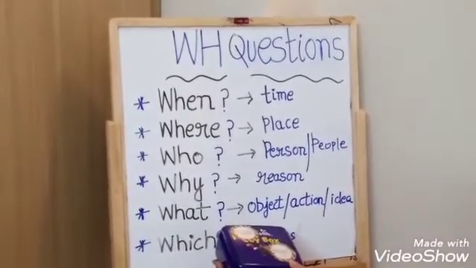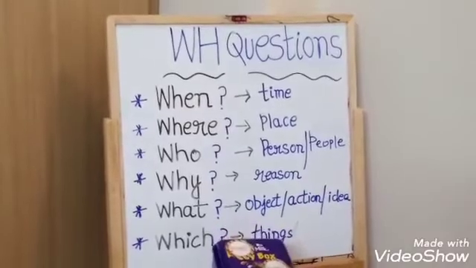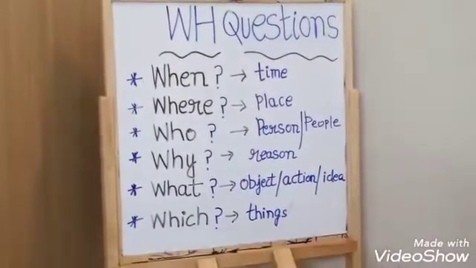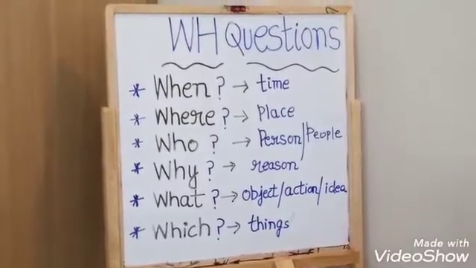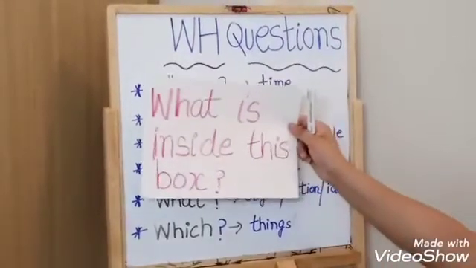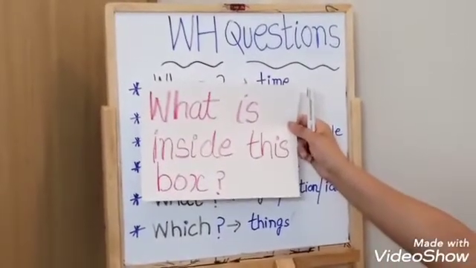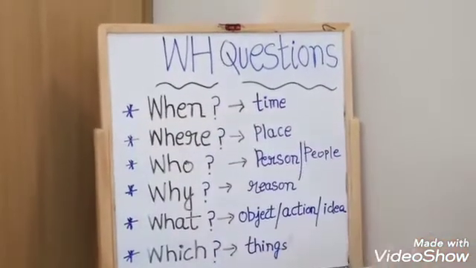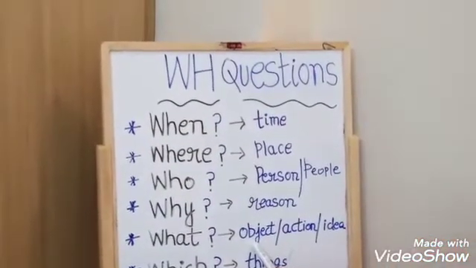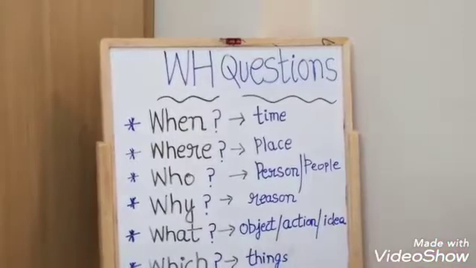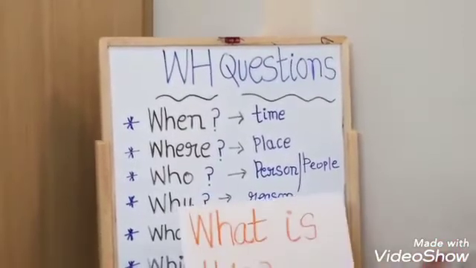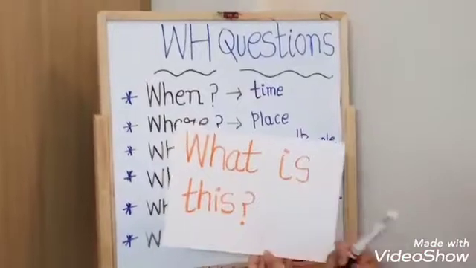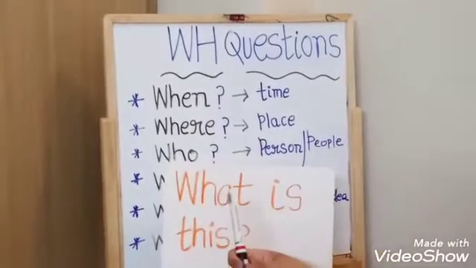Okay, so how will we ask? We'll say, what is inside the box? That means we want to know what is there in the box, the object that is there in the box. Or we want to know about an object, like you may ask, what is this? So I'll answer, this is a marker.